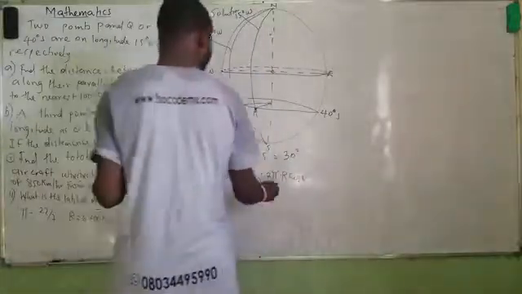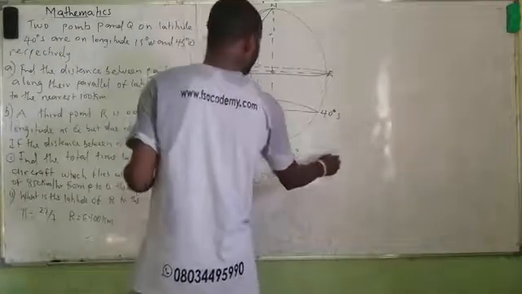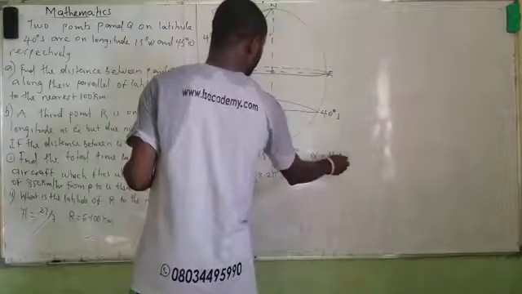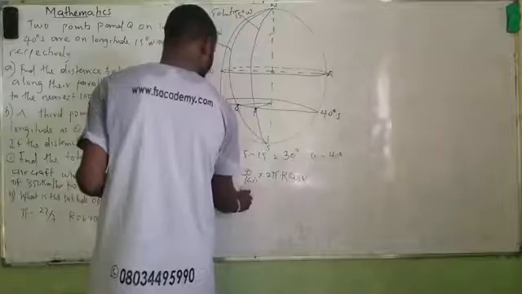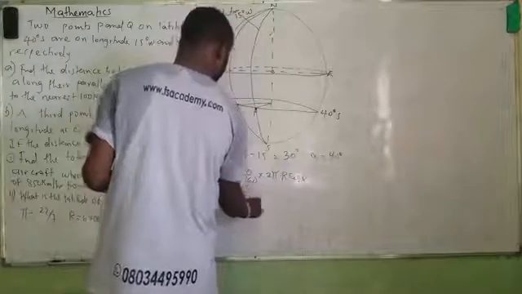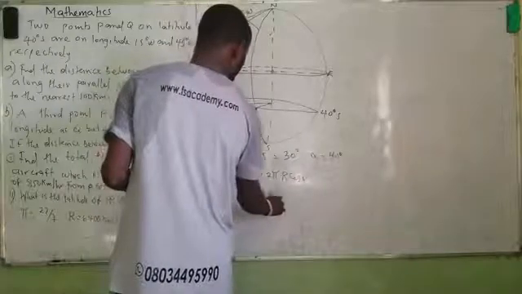It means my alpha will be equals to 40 degrees. So I'll be having 30 all over 360 multiplied by 22 all over 7 multiplied by 2.